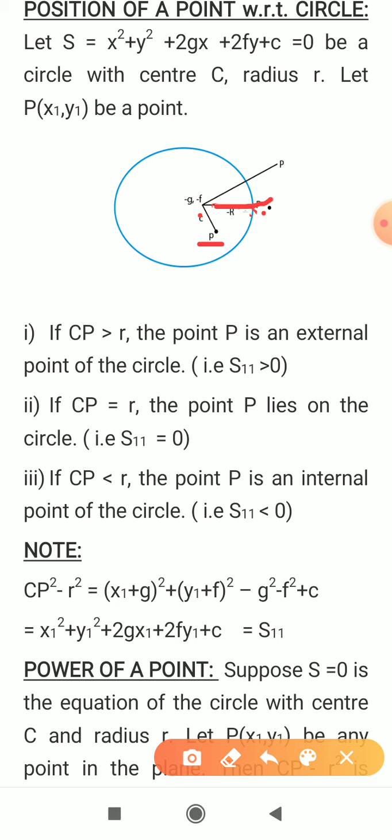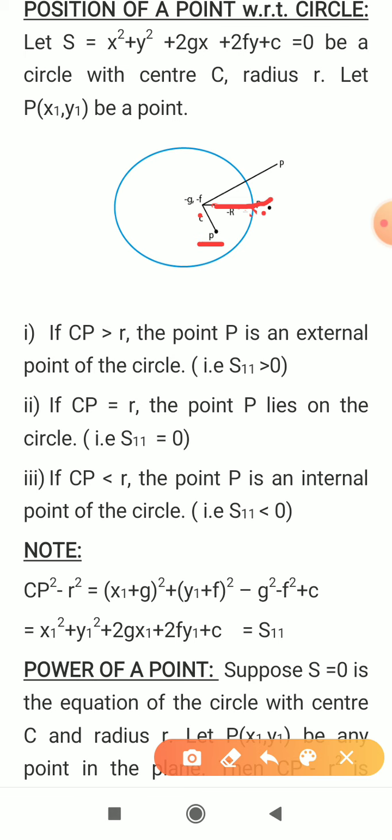You know the formula of the radius: square root of g square plus f square minus c. If CP is greater than the radius, suppose CP is equal to 6 and the radius is 3, then 6 is clearly greater than 3. So the point P is an external point of the circle.